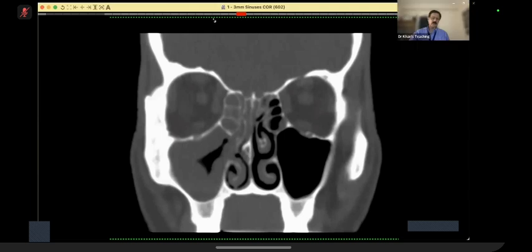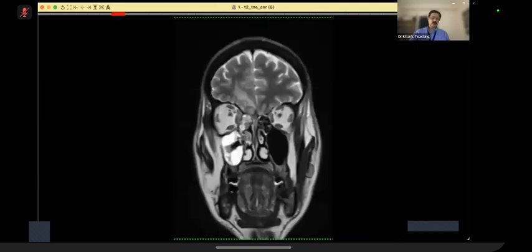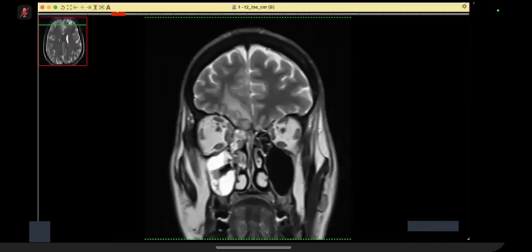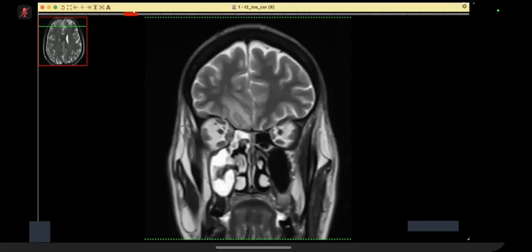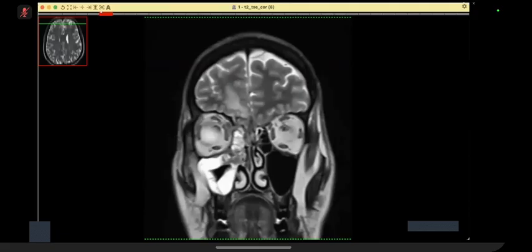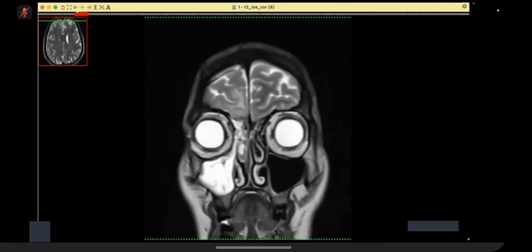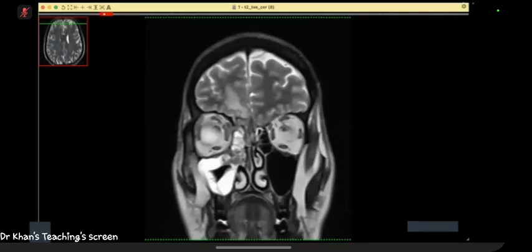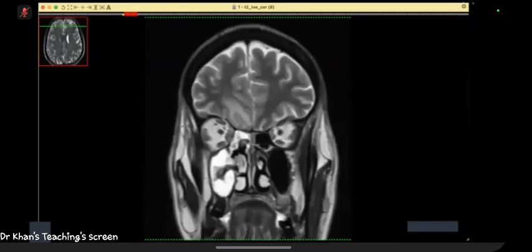Okay, leave the mouse. Over to you. Thank you. So T2 coronal sequences of the same patient with diplopia. I'm carefully reviewing the intraocular muscles for any asymmetry when compared to the left side.